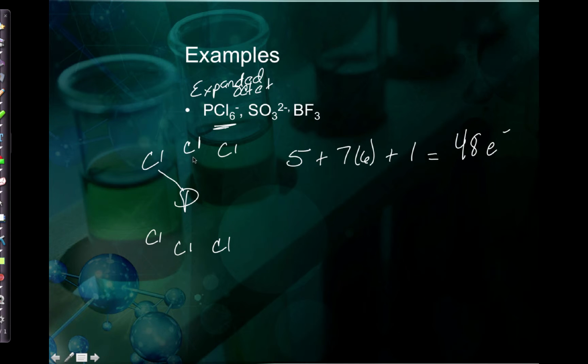I'm going to make single bonds between the chlorines and the phosphorus atom, and then I'm going to distribute the electrons to the chlorines.